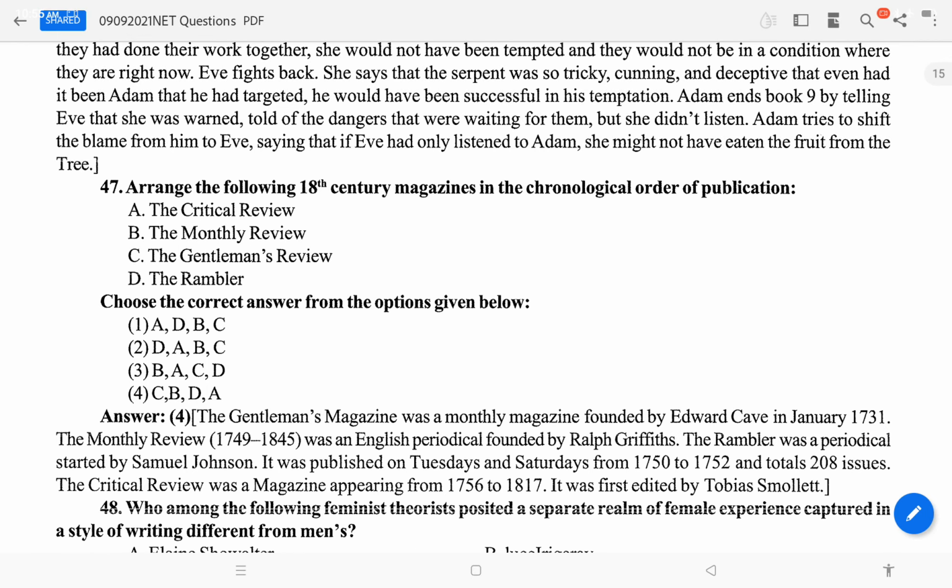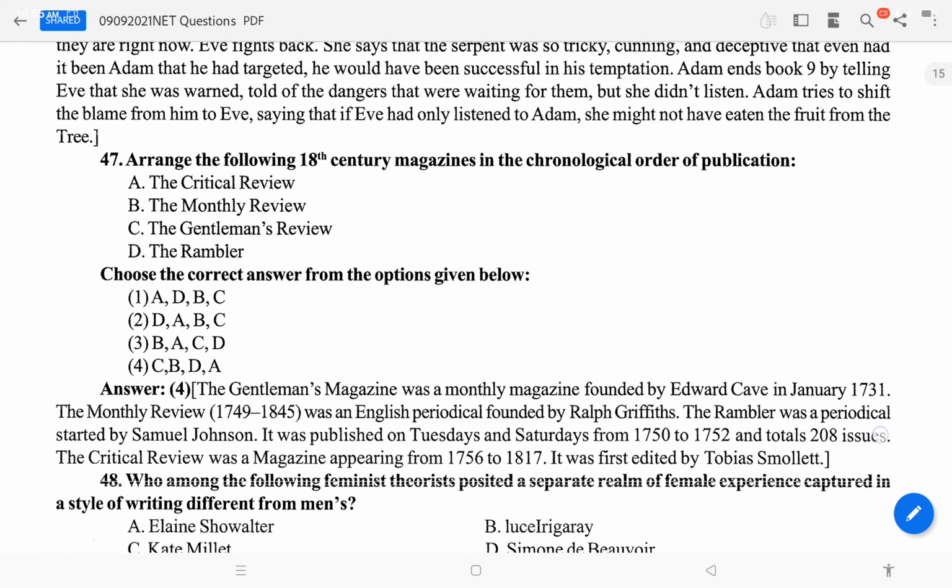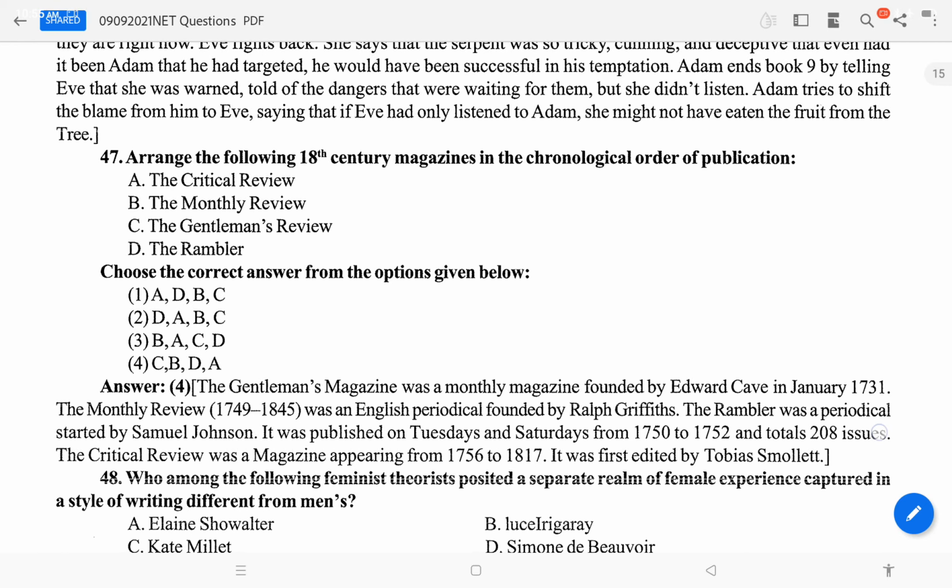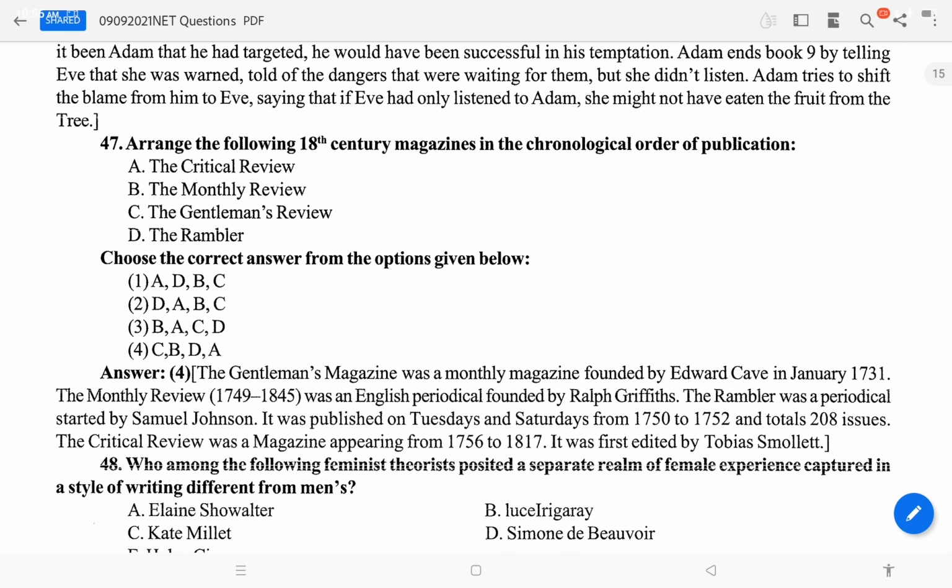Adam ends Book 9 by telling Eve that she was warned, told of the dangers that were waiting for them, but she did not listen. Adam tries to shift the blame from him to Eve, saying that if Eve had only listened to Adam, she might not have eaten the fruit from the tree.